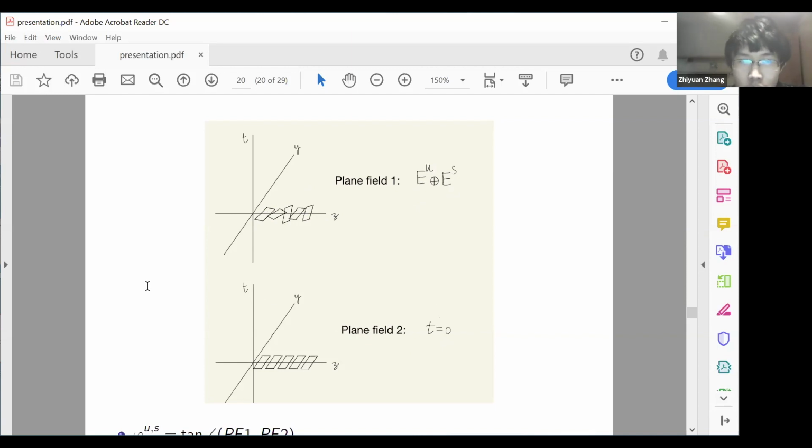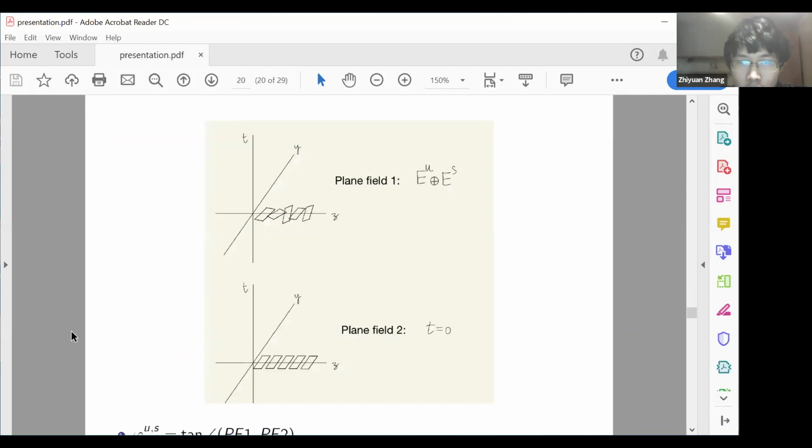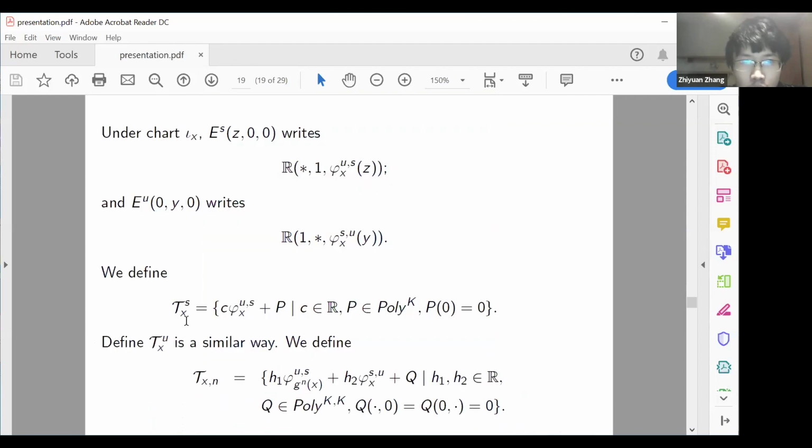But our choice of the chart will tell you that the angle from this to the next one, you only consider in plane field 2. The angle of the twisting is a polynomial function, and the degree is bounded everywhere. So we will consider the angle between these two plane fields and consider the tangent of this.